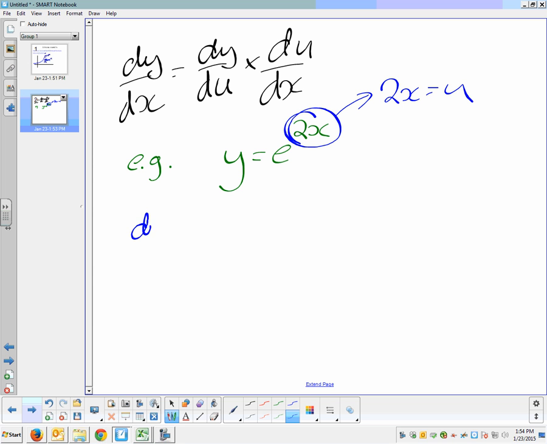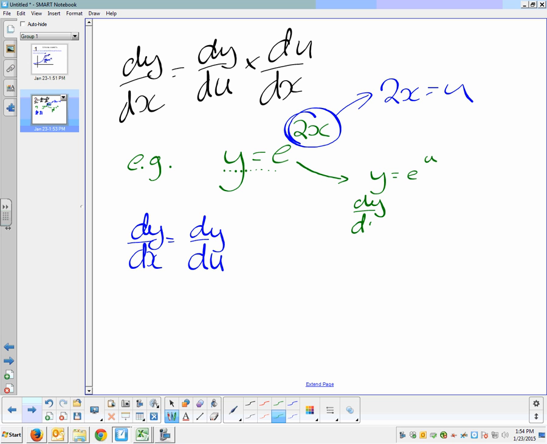And in order to work out dy by dx, I need to know what's dy by du. So I'm going to differentiate y as e to the u with respect to u, and obviously that's trivial. It's going to be e to the u still. And I need to know du by dx.